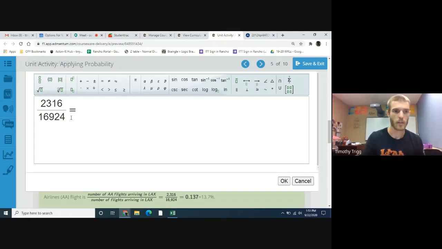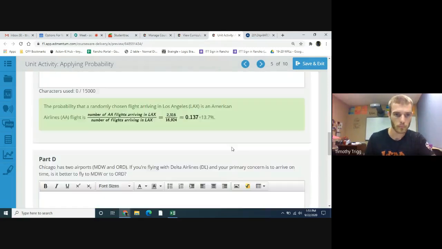We can get our calculator out and figure out exactly what that probability is. So 2,316 divided by 16,924. And so the probability that a random flight that arrives in LAX is from American Airlines is 0.1368.